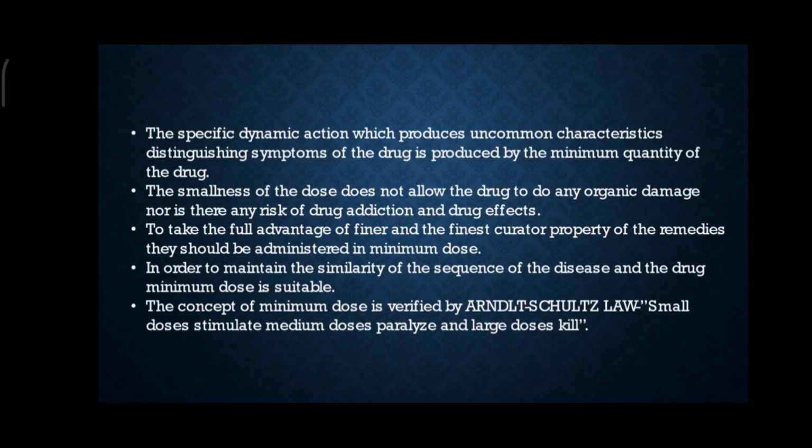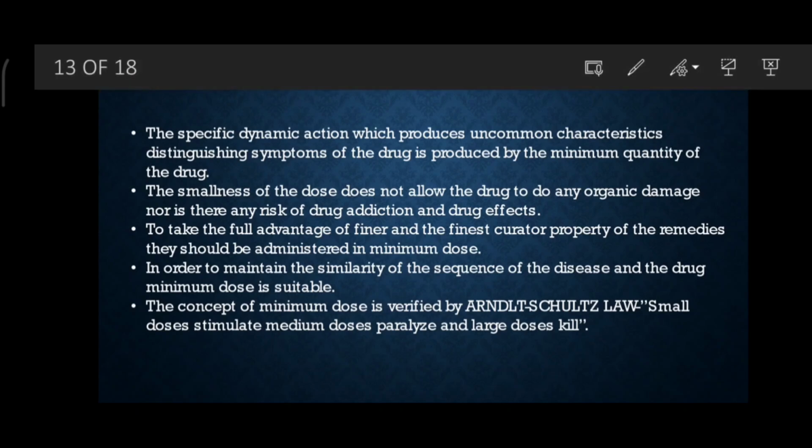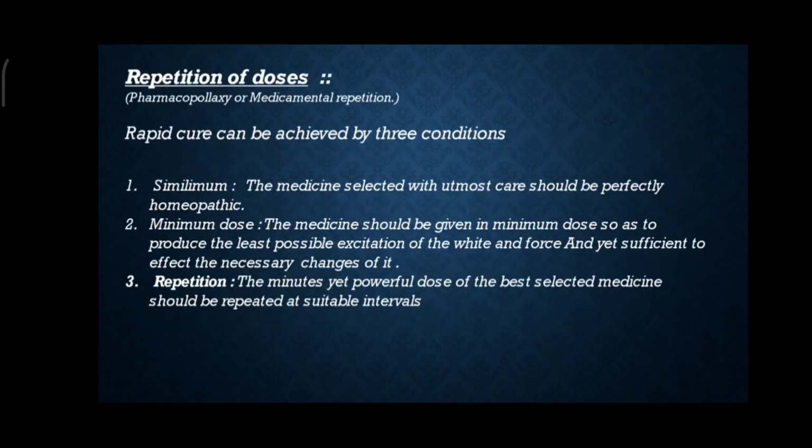Repetition of doses. It is also called as pharmacoprophylaxis or medicamental repetition. According to 5th edition, aphorism 246, to achieve rapid cure, 3 conditions are to be fulfilled. These are similimum, minimum dose, and repetition. Similimum. The medicine selected with utmost care should be perfectly homeopathic.